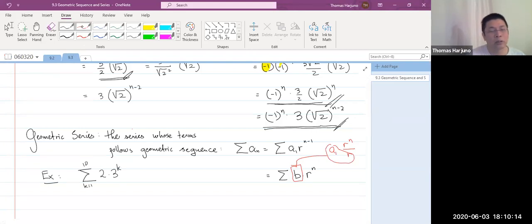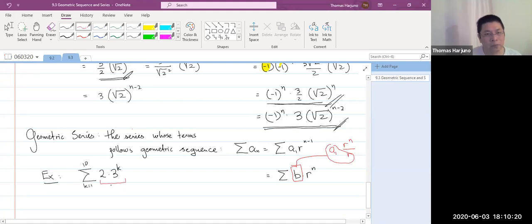Because the terms here look very similar to an exponential function. In fact, we will see that the first term is 2 times 3 to the 1, that's 6, and the ratio is 3.